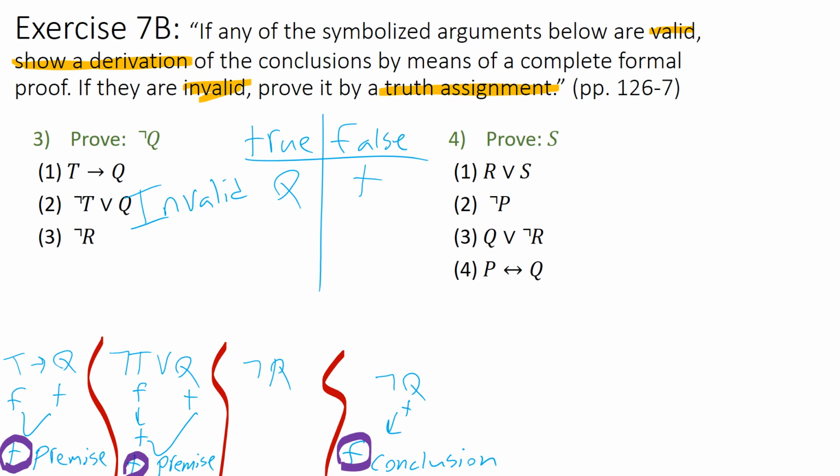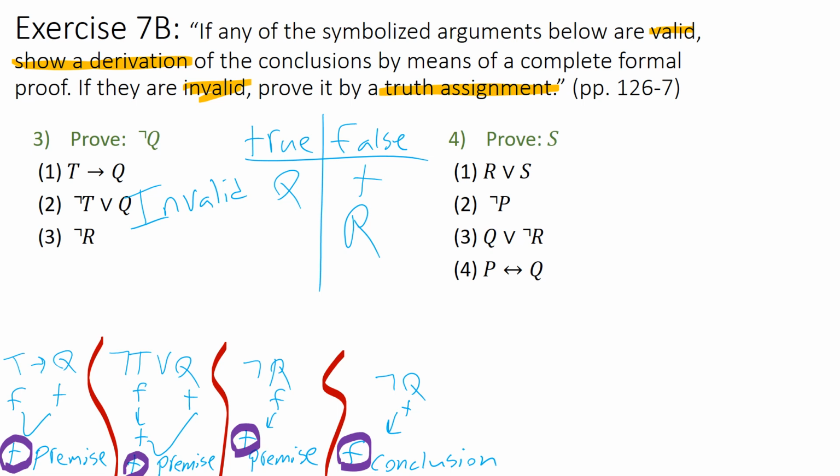And finally, the premise not R. We want that premise to be true, so R better be false. So we'll say R is false. R is false, but that's being negated. So now we have a true molecular sentence, we have a true premise. And we've proved that it's definitely an invalid argument. So each premise is true, but the conclusion is false.